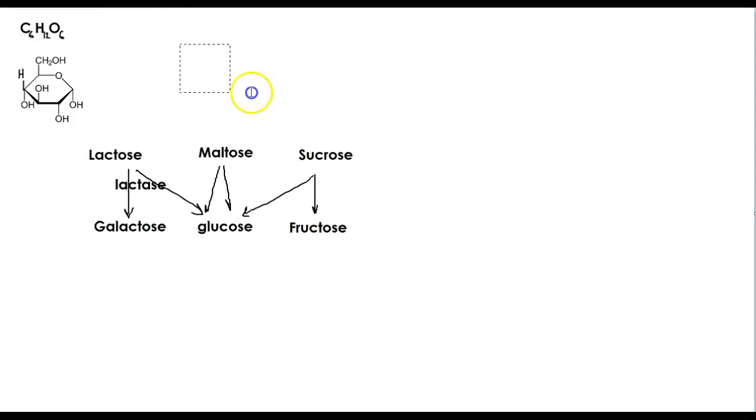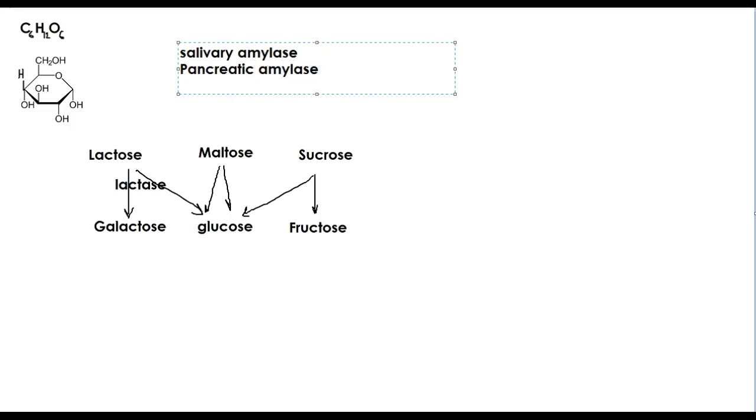We have something called salivary amylase that is secreted by your salivary glands in your mouth that begins the process of digesting large carbohydrates into smaller carbohydrates. Eventually you have pancreatic amylase, released by your pancreas, which continues the breakdown of large carbohydrates.